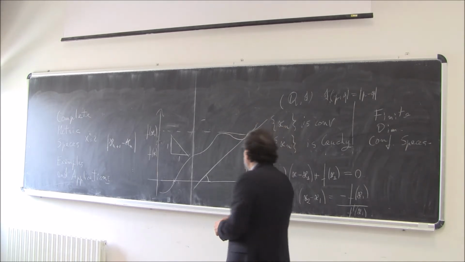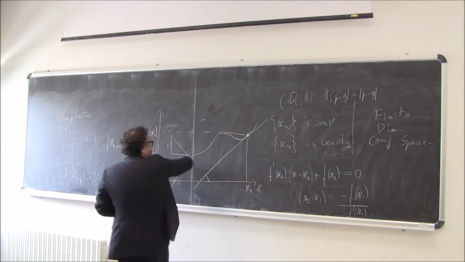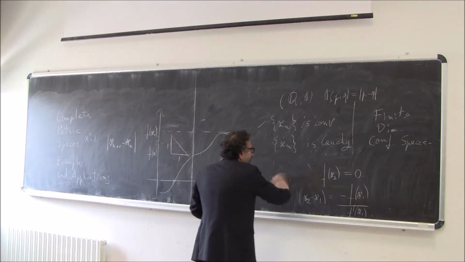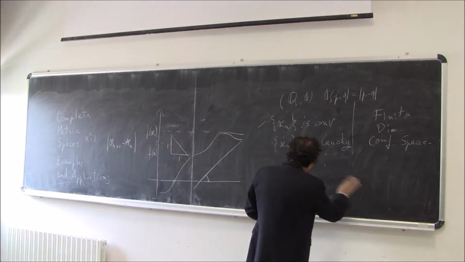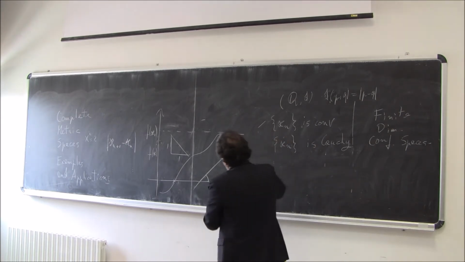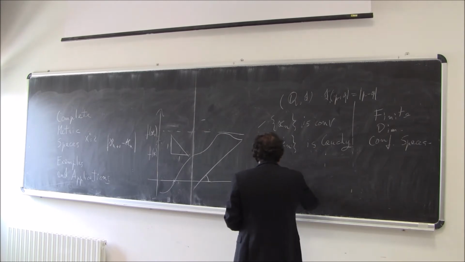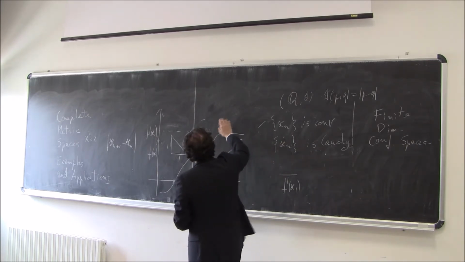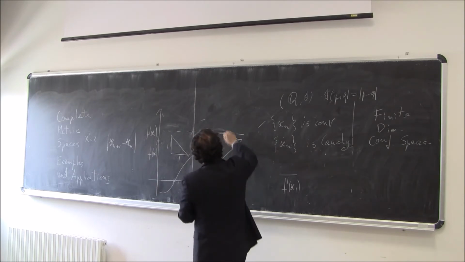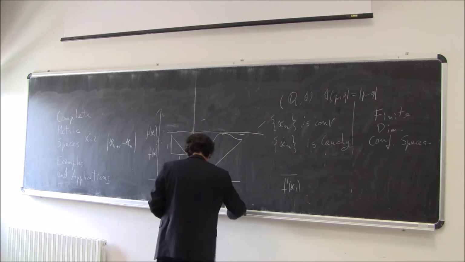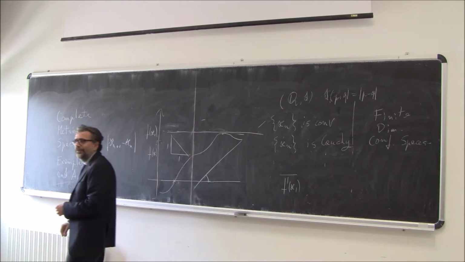Okay? By the way, I spoke about Newton's approximation method, which, by the way, is not always converging. You see, if you must divide by f prime of x1, and if by chance you start from here, you are blocked in the middle.